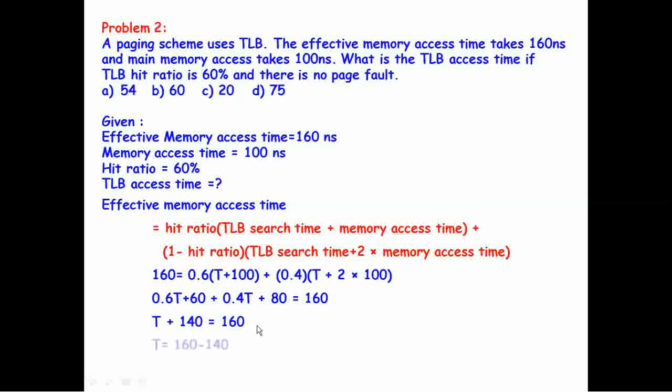Then finally T is equal to 160 minus 140, which is equal to 20. And the given unit is nanoseconds. Hence, the TLB access time is equal to 20 nanoseconds. So this is the way how to compute TLB access time using the formula.